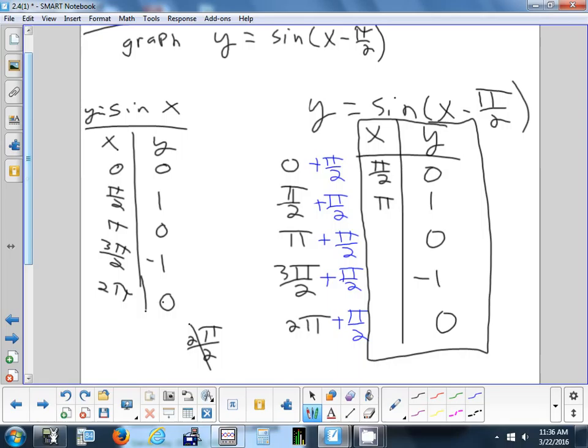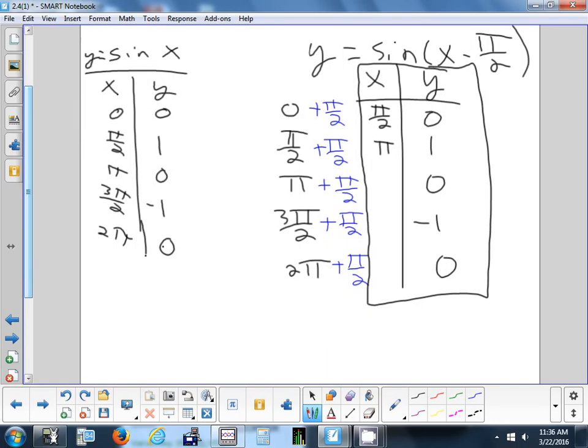The next one, pi plus pi over 2. Right now, let's look at what's going to happen if we try to add those up. There's no denominator on pi, so what is it? It's a 1. So to add these together, we have to make those denominators the same. What's the common denominator between 1 and 2? 2.